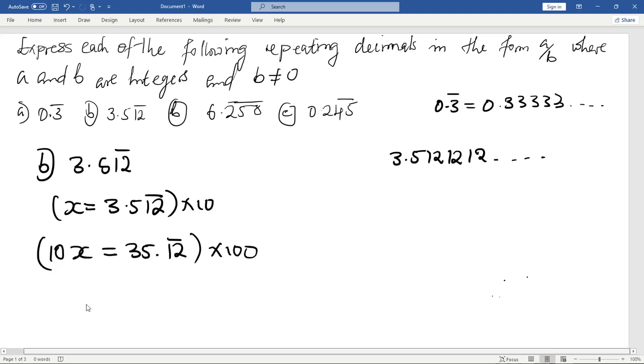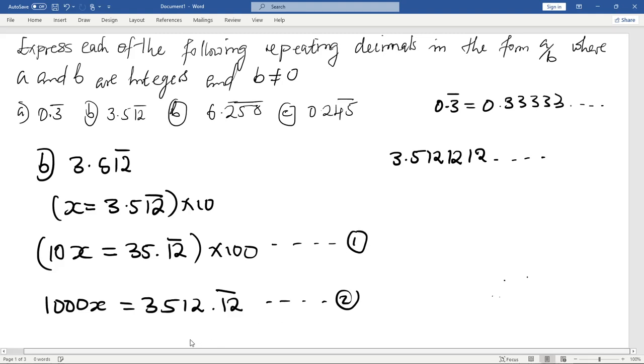Multiplying by 100, we simply have 1000x equal to 3512.12 bar. We can call this equation number 2, and this one was our first equation.